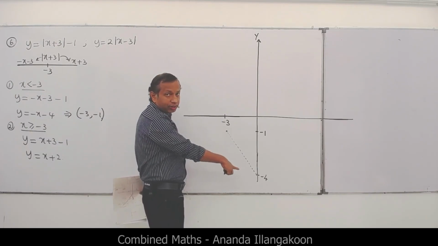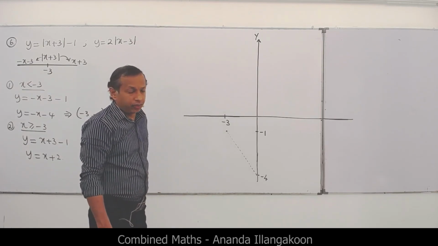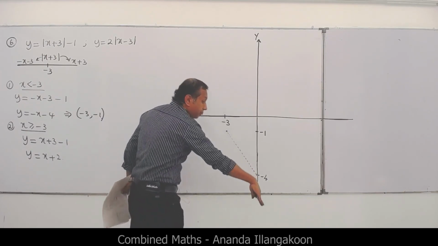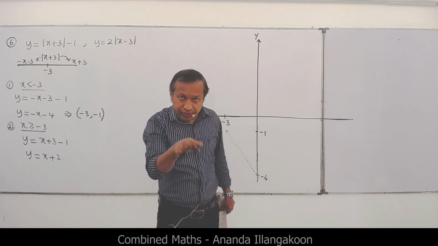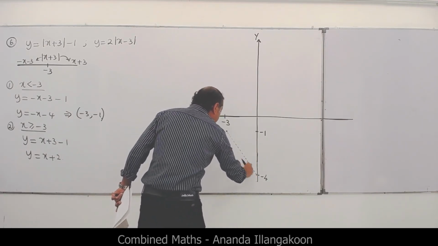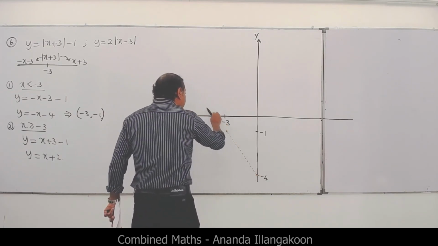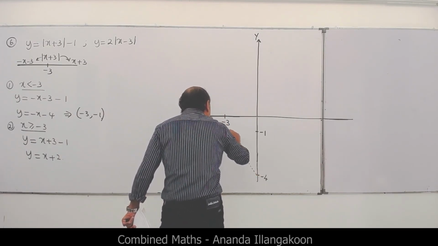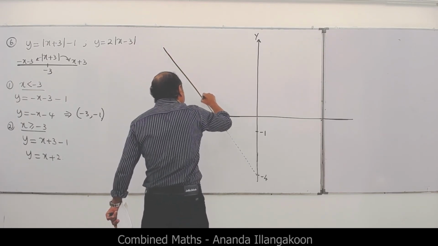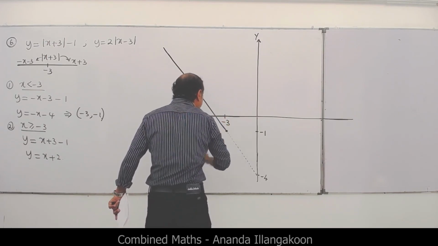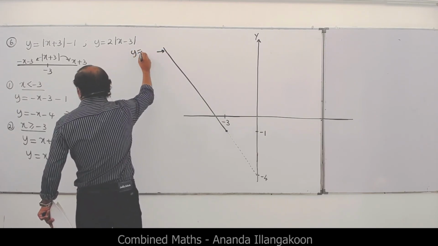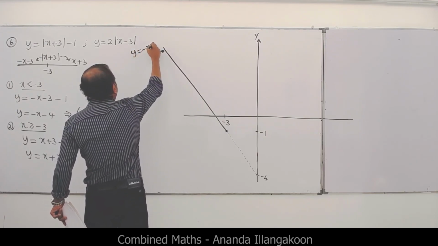As the other point we took the intercept. So we can draw the line by joining these two and producing to both ends. But we need only the part of that line on the left of minus 3, so that is why we draw it by a dotted line. The rest we draw this way, by producing it like this. This has the equation y equals minus x minus 4.